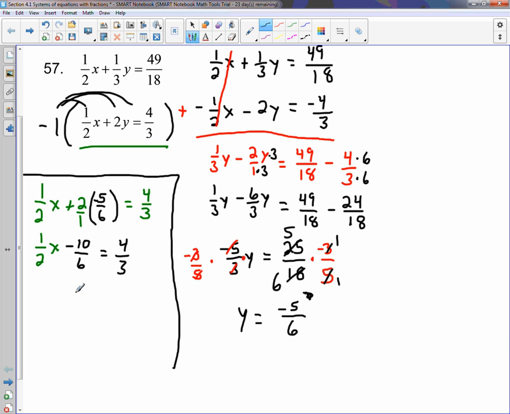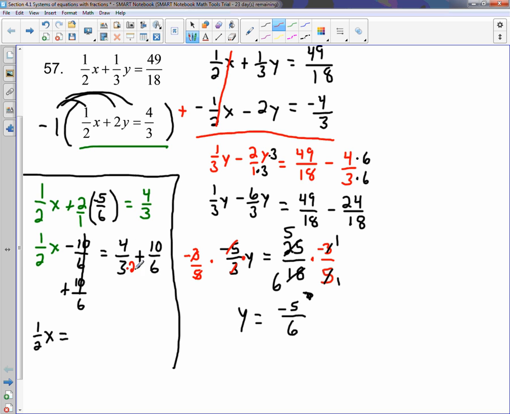And then we go ahead and add 10 over 6 to both sides. I'm going to write it right next to it because we're adding and subtracting fractions. So we're going to need to find that common denominator. So these are going to reduce out, and I'm left with 1/2 x equals. Now we need to find common denominators between 3 and 6.